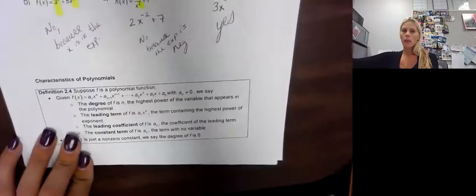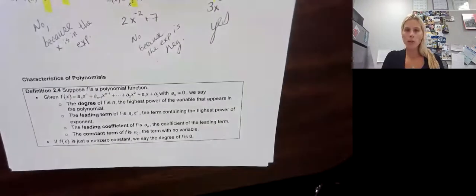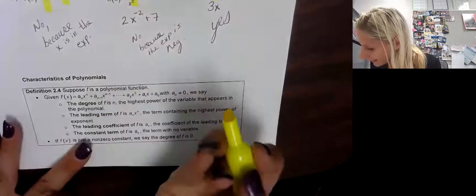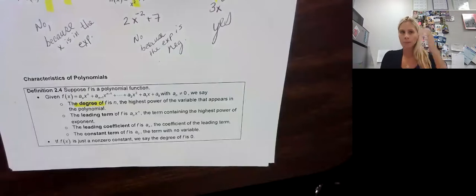All right, with polynomials, there's a couple of characteristics we need to know, and we're going to be able to identify them when we see them. Right? So the degree. The degree of f is n, which is the highest power of the variable that appears.